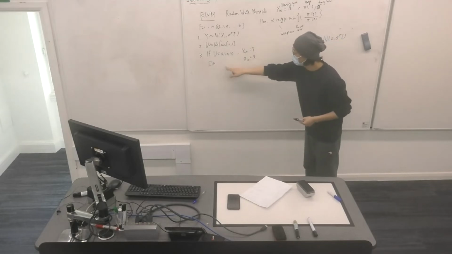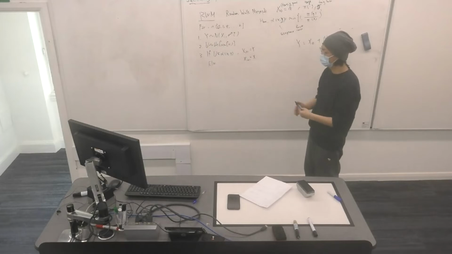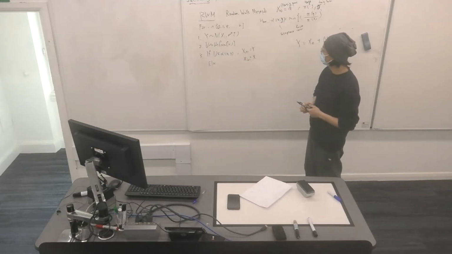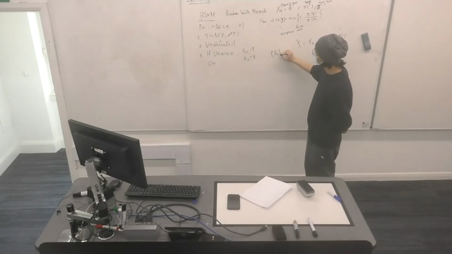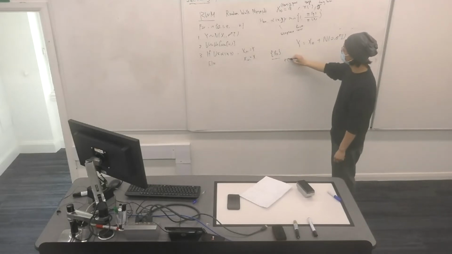If that's not the case, we don't change it, and we just stay with the current one. This is accept, and this is reject. Then we keep doing this for n steps, and we get a collection of x n. Ideally, this has an equilibrium distribution pi.